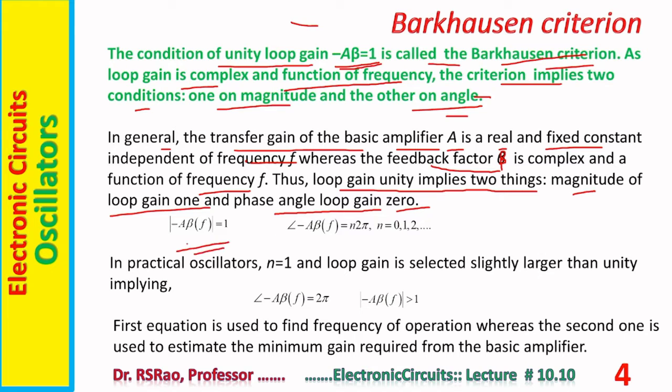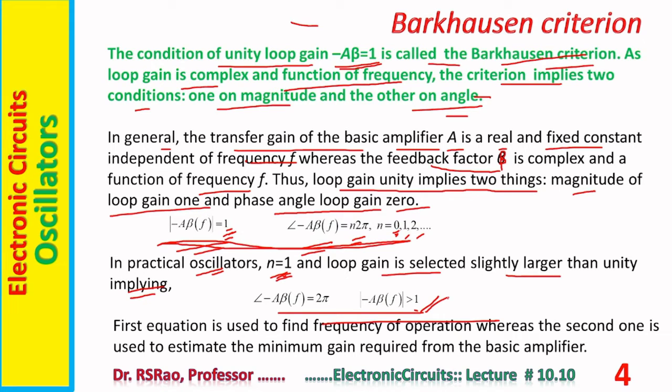Mathematically, one can state that mod of minus A beta as a function of f equals 1, and angle of minus A beta as a function of f equals n times 2 pi. N is 0, 1, 2, etc. In practical oscillators, n is selected as 1 and loop gain is selected slightly larger than unity.